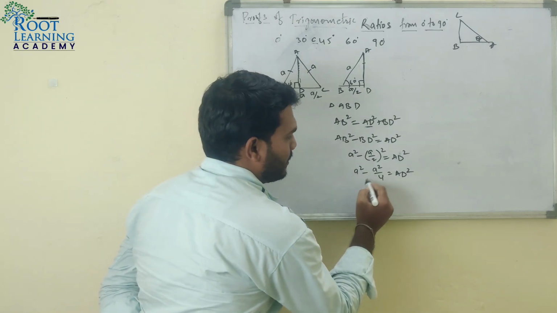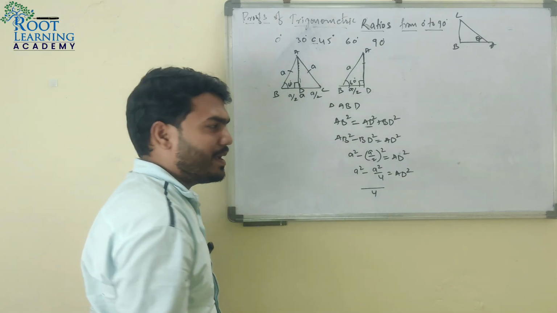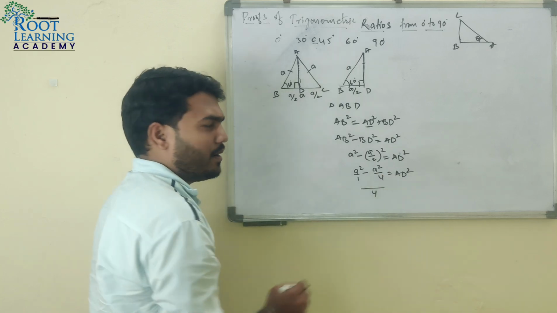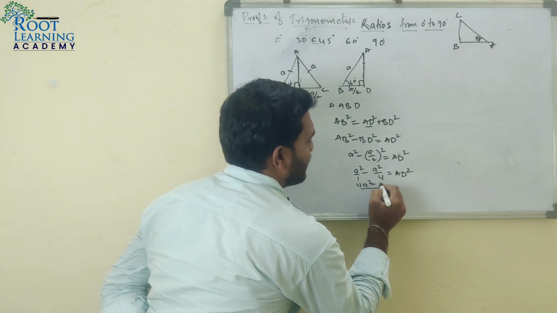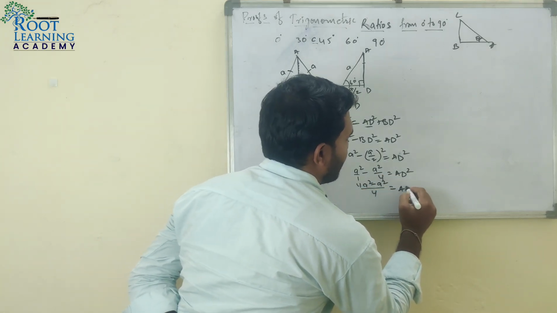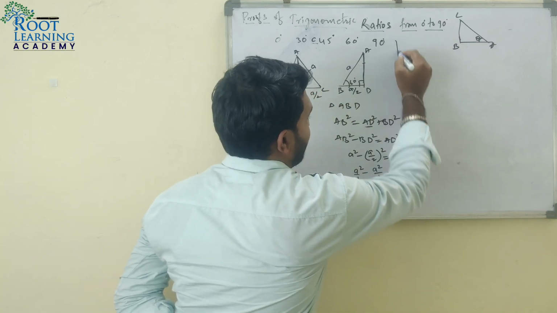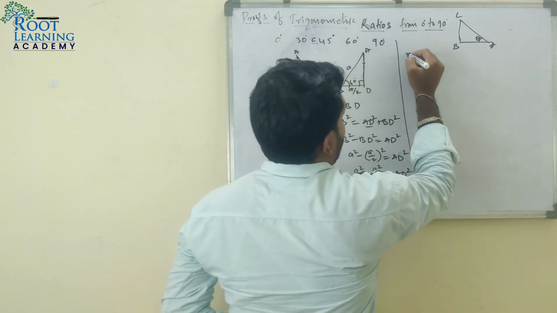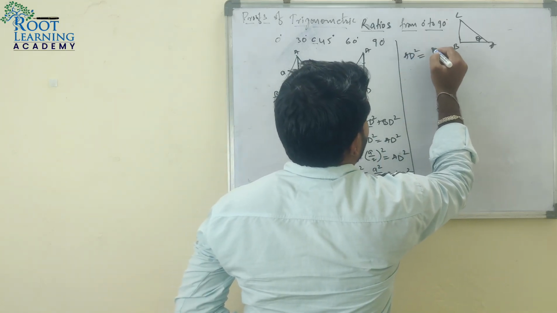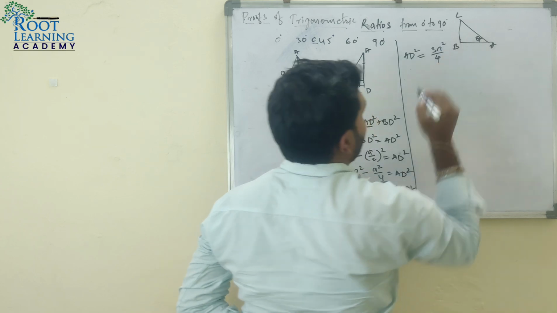So A square, the denominator will be as it is, nothing is there means 1, so LCM is 4. So 4A square minus A square is equal to AD square. Here I am writing AD square is equal to 3A square by 4.